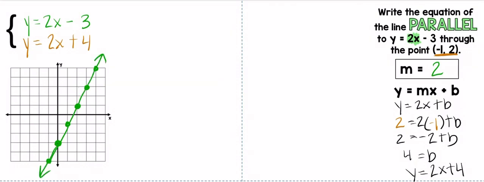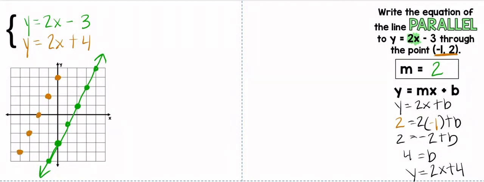So the other line, my orange line, is going to run right alongside it. It's not going to touch. If your lines are supposed to be parallel and they end up crossing, then you've messed something up. Okay, so my y-intercept is 4, and then my slope is 2, so I'm going to go up 2 to the right 1 or down 2 and to the left 1.